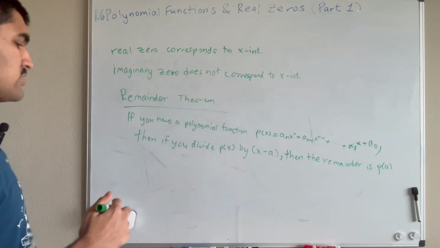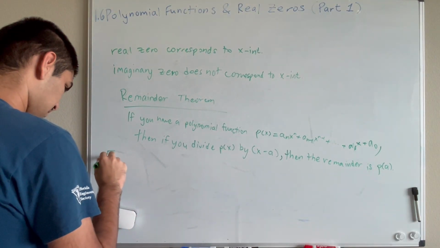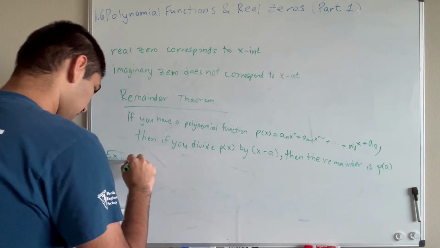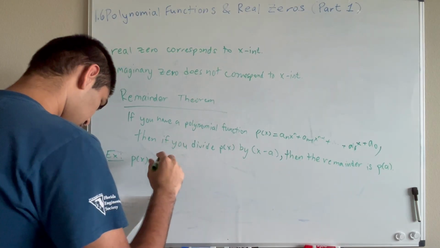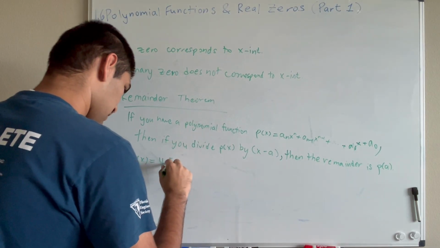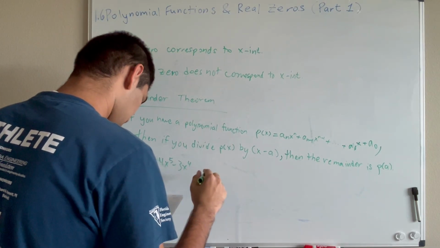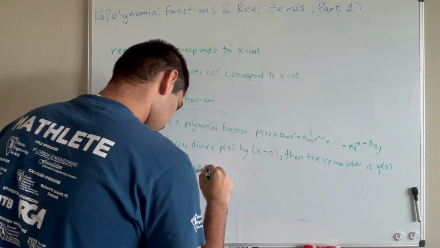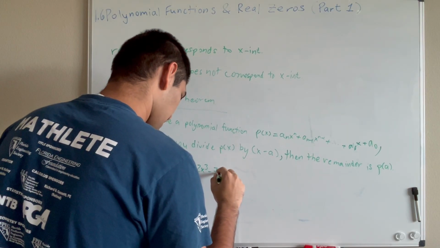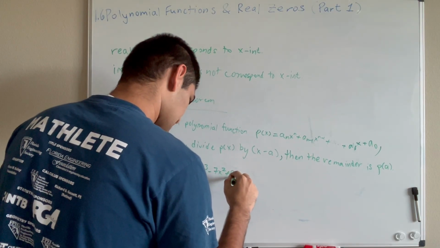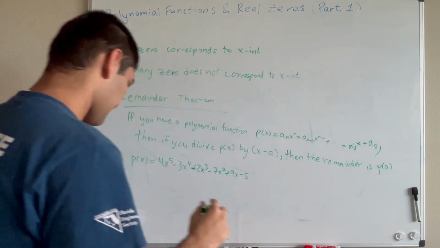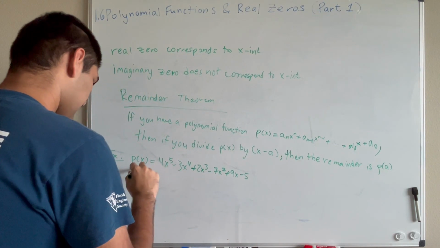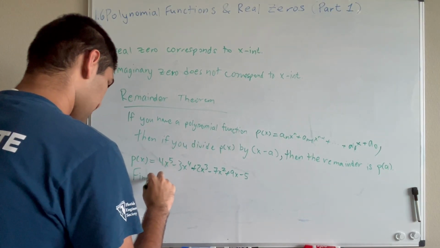Okay, so let's illustrate this with an example. Let's say you have p of x equals 4x to the fifth minus 3x to the fourth plus 2x cubed minus 7x squared plus 9x minus 5, and let's say you have to find p of 2.